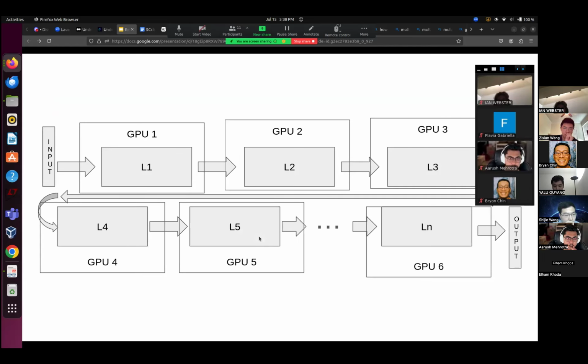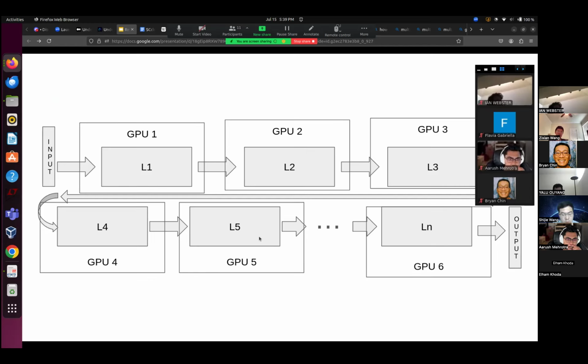Slide 39. In pipeline parallelism, we're dividing the different layers of the transformer model into different groups.